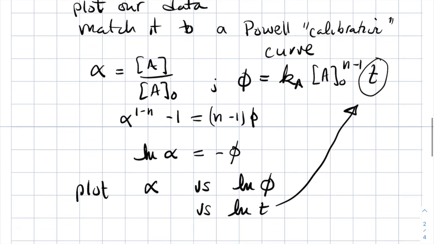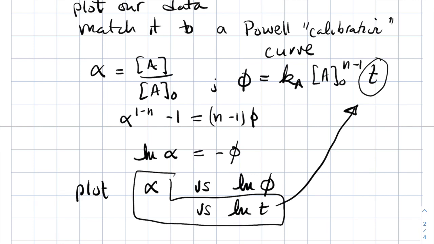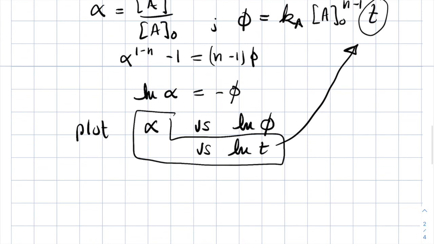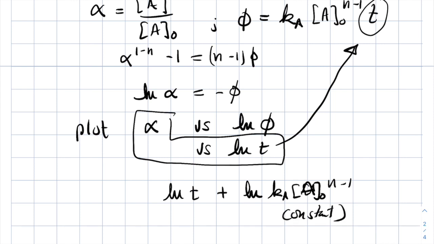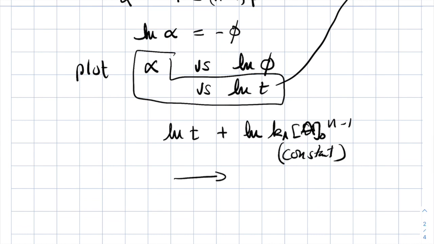It turns out that if we plot the alpha versus log of our time, then we're going to get the same curve to within a constant. The difference between log of t and log of phi is log of k A naught to the n minus 1. This is a constant. So what this is going to do is we're going to move our data back and forth along the Powell plot in order to match it up.